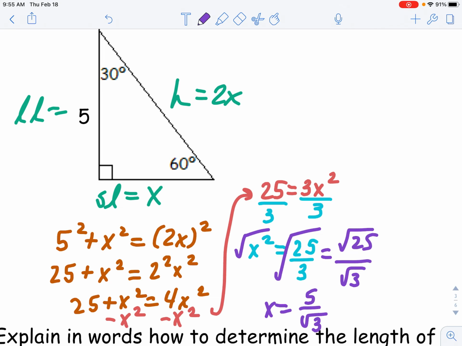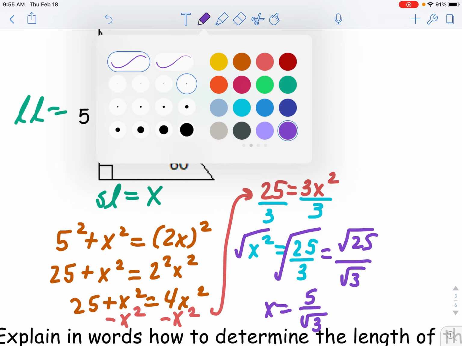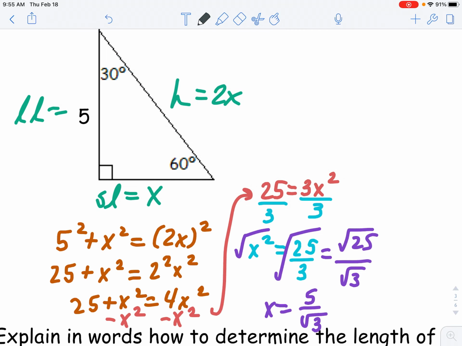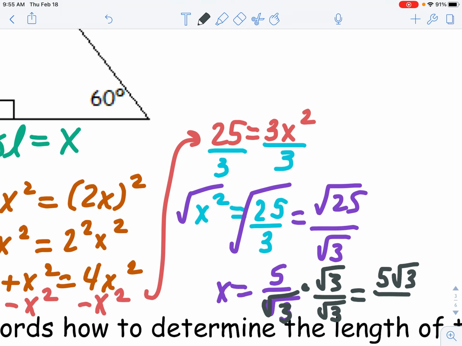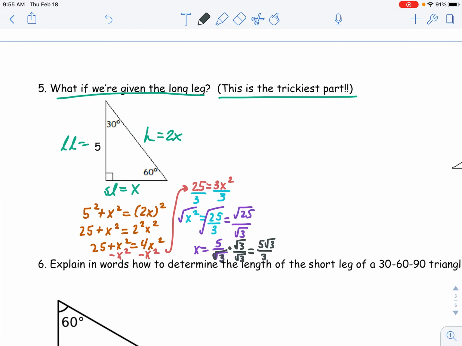Whew. Brutal, absolutely brutal. We got this though, believe in yourself. Now we gotta rationalize the denominator. Remember, radical 3 is on the denominator. We wanna rationalize it, so I'm gonna multiply both top and bottom by radical 3. So the final answer is 5 radical 3 over 3.